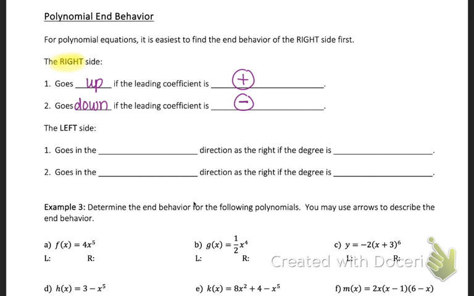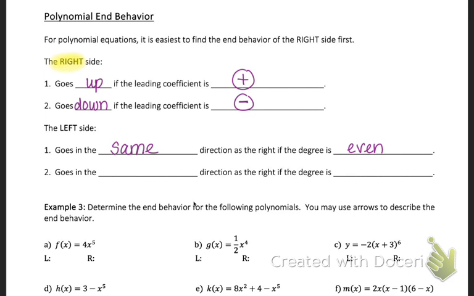So the leading coefficient, positive or negative, tells us whether the end of the graph, the right side of the graph, is up or down. The left side depends on the degree. It will go in the same direction as the right if the degree is even.